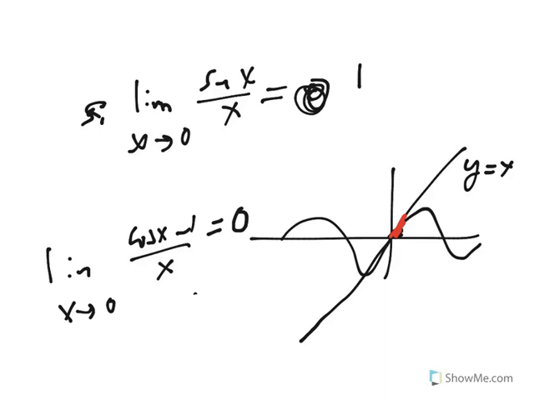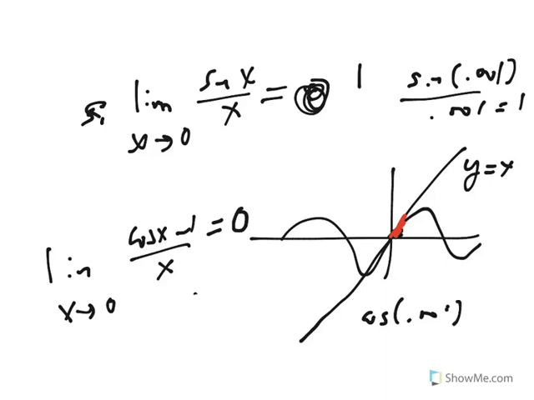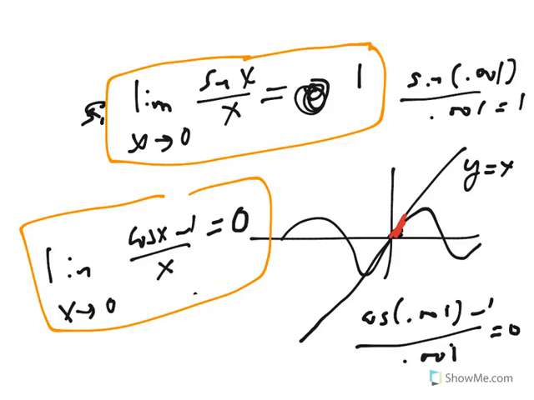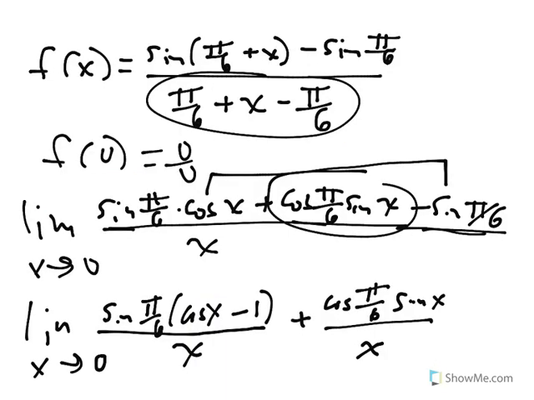You could verify these by putting your calculator into radian mode and doing sine of like 0.001 over 0.001, and you will see that it's going to be approximately 1, whereas cosine 0.001 minus 1 over 0.001 is going to be close to 0. So these are just two things, not proved. Each of these things on their own gets proved in calculus. But for now, let's just say those are two things that people have figured out.